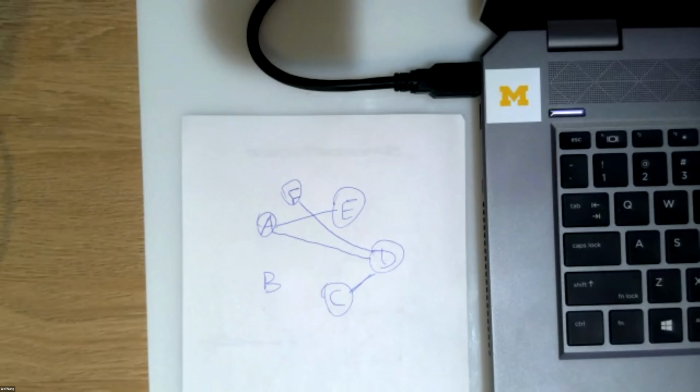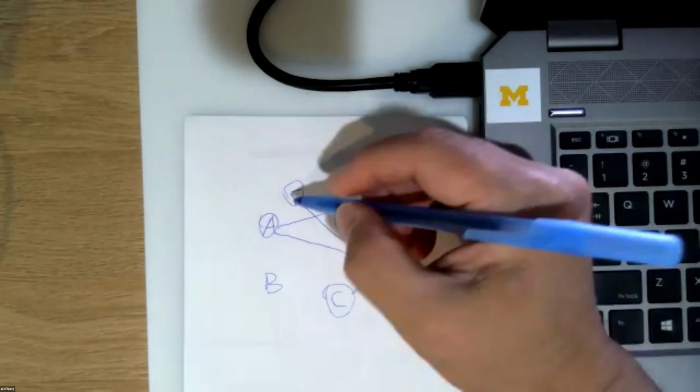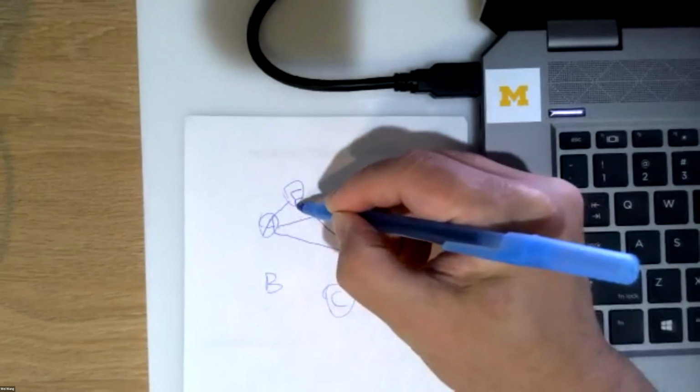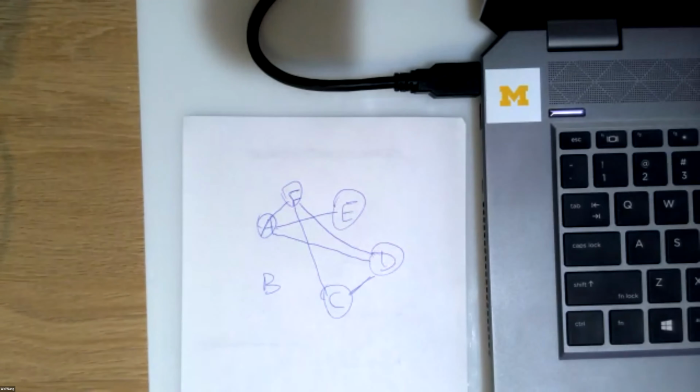Then Fran is friend with Anne and Carol. But it says Deb is friend with Fran, but Fran is not friend with Deb. That's wrong.